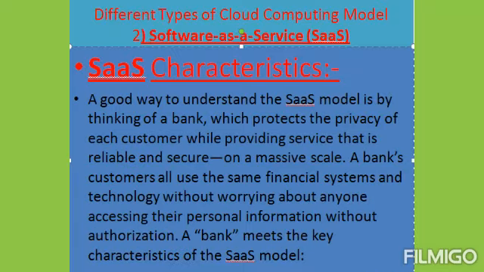Bank customers all use the same financial system and technology without worrying about anyone accessing their personal information without authorization. A bank meets the key characteristics of the SaaS model.